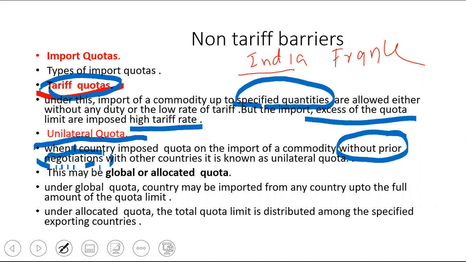एक साइड से अपने आप कंट्री कोटा इम्पोज करेगा. That is unilateral. This may be for global or we will discuss it. Under the global quota, country may be imported from any other country up to the full amount of quota limit.